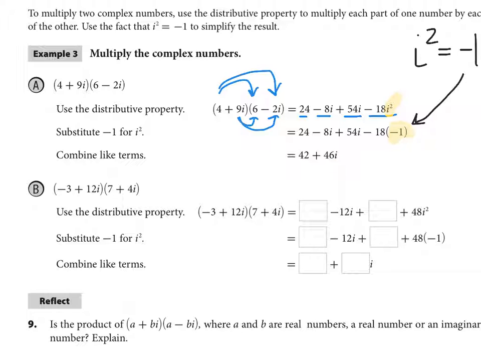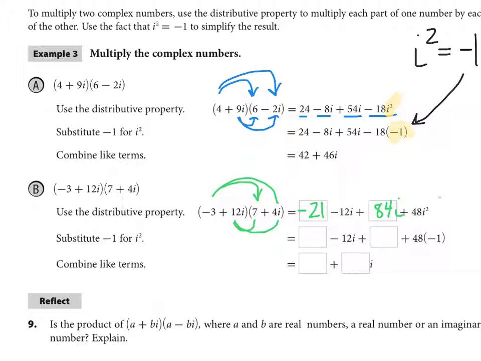Let's try example B. Start using the distributive property because it looks like two binomials multiplied together. So we take negative 3 times 7, which is a negative 21. Negative 3 times 4i gives me a negative 12i. That's already written for us. We have 12i times 7. That gives me an 84i. And then 12i times 4i is a plus 48i squared.